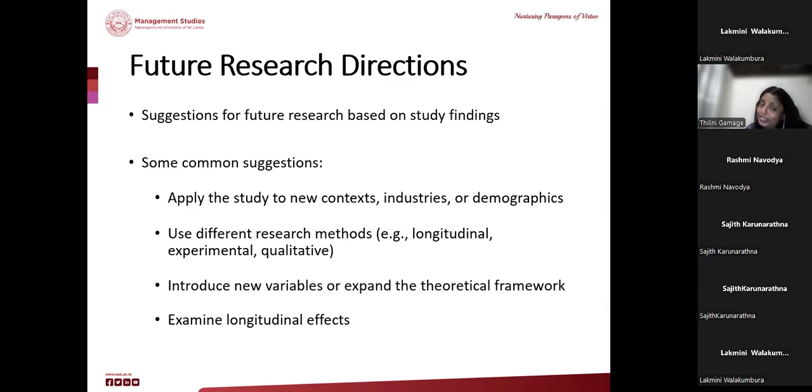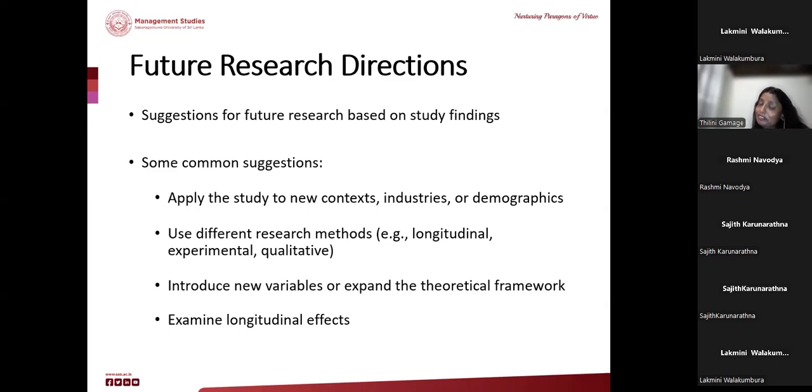So again, another future research direction that you can suggest is introducing new variables or expanding the theoretical framework. That relates to the theoretical limitations that I was talking about. Mostly when we conduct research, we try to limit the focus of the study to a specific theory, or you might try to combine two theories, that's all.